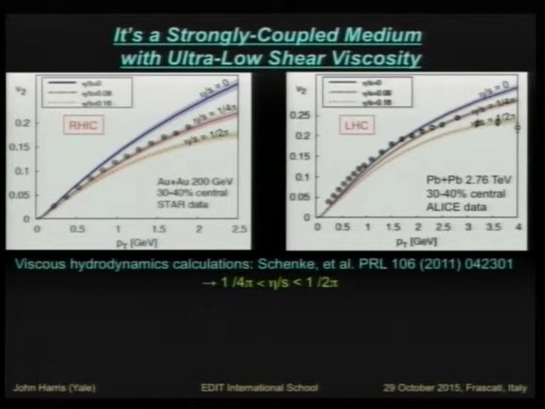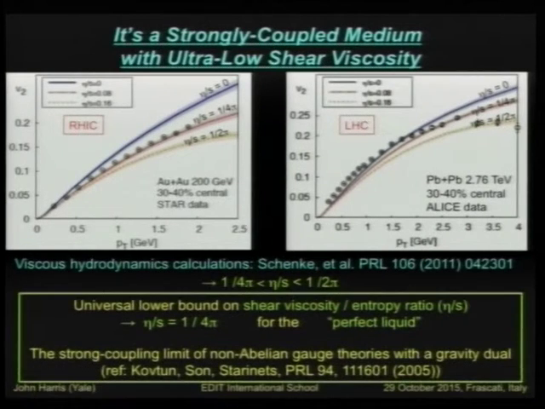And there's not really a good fit for the LHC data, but it may even be a larger value of eta over S at the LHC. On the other hand, it's fairly low, and it's similar between the two, and I want to talk about that a little bit more and give you a better intuitive feel for what's going on.